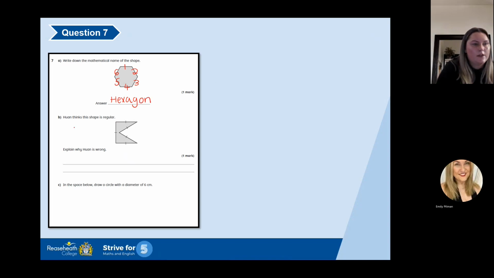Perfect. Then the next question, Juan thinks this shape is regular. So a regular shape would have all the sides the same and all the interior angles would be the same too. So we can see here, this angle is completely different to this angle, completely different to this angle, and the sides are different lengths.